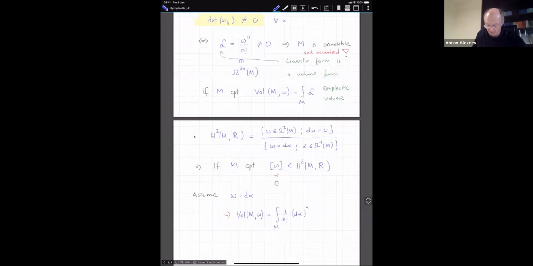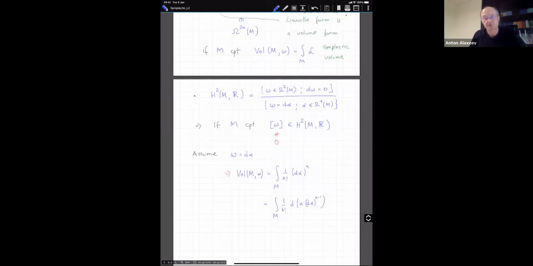Continuing the calculation, this is 1 over n factorial, d of alpha times d alpha to the power n minus 1, because the de Rham differential squares to 0. So we have an integral over M of a total derivative.